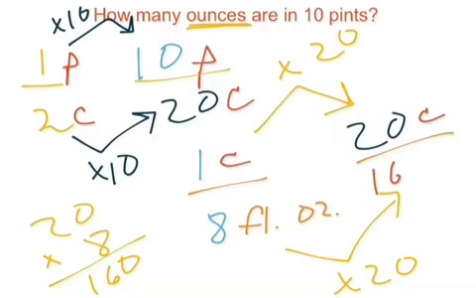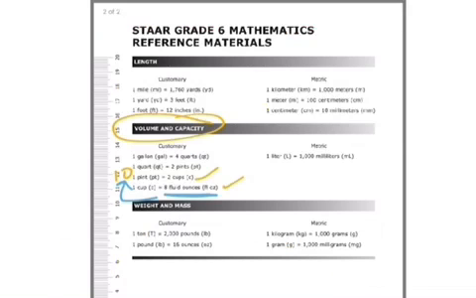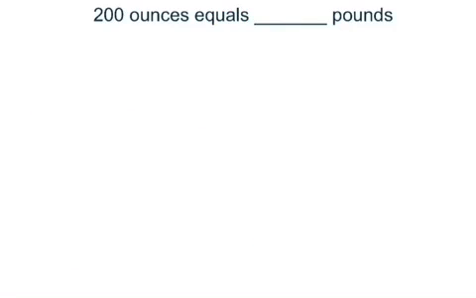So it's going to be 160 fluid ounces. So how many ounces are in 10 pints? 160 fluid ounces. So remember, we write our initial unit conversion and then just apply it to whatever we're trying to find, that missing conversion, and figure out what we're multiplying by and just apply it to the other side.